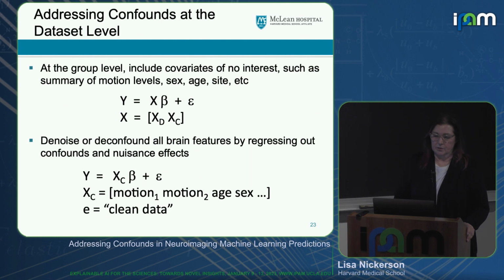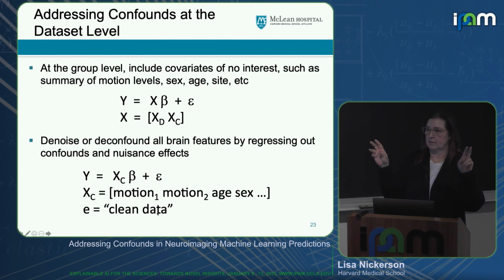And so you estimate the things you care about, statistically controlling for the things that you don't care about. You can also take a bit more of an aggressive approach and actually denoise or deconfound all the brain features by regressing out confounds and nuisance effects, and then taking the residuals as a clean data set.